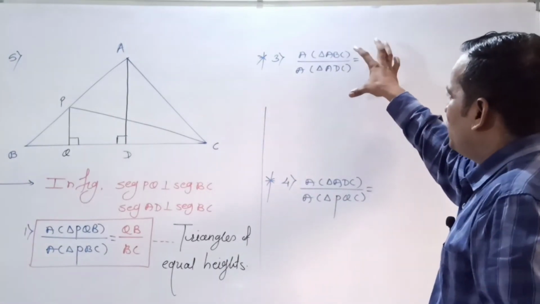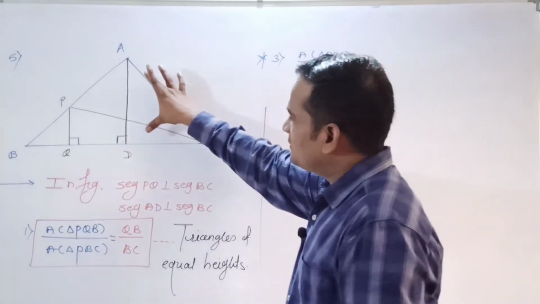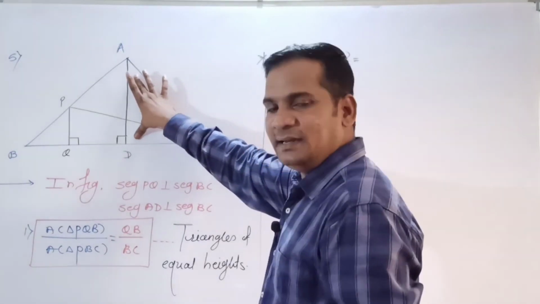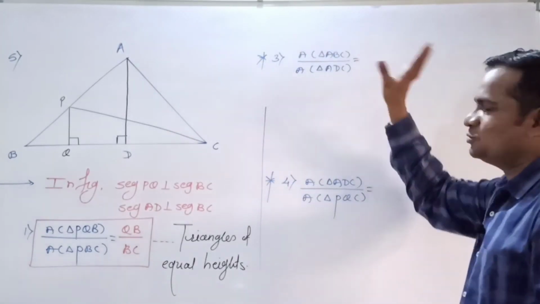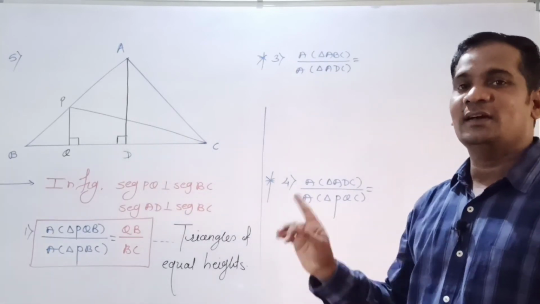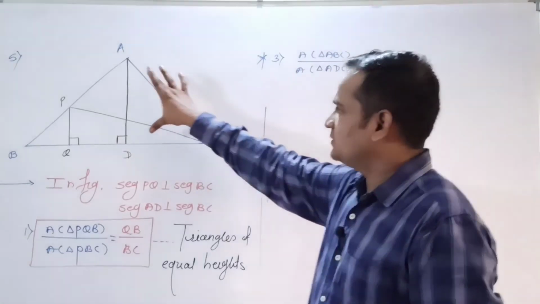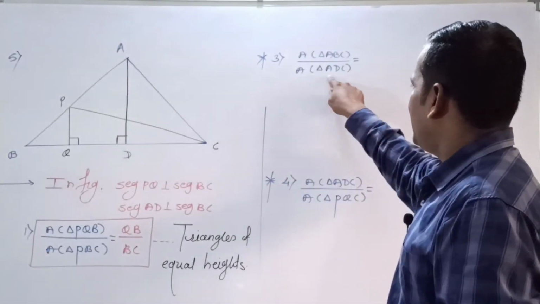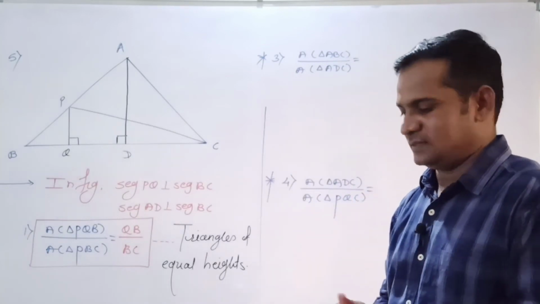Now in ABC and ADC, in these two triangles, this AD height is common. So the ratio of area of these two triangles will be equal to the ratio of their corresponding bases. So let's take the ratio of their bases.